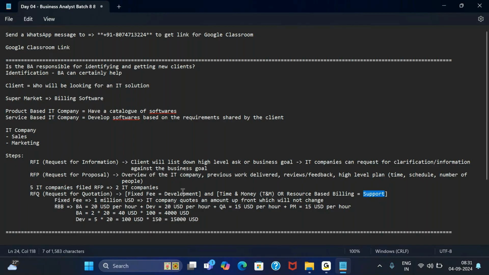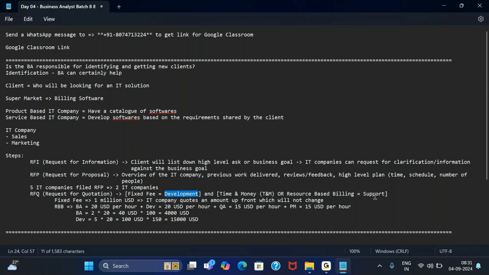Whereas if it is development, like you are enhancing the application, adding new features to the application, or building a new application, new software from scratch, in those cases the client would love to pay money because they know once the software is ready, they can use the software to get money from the customers.